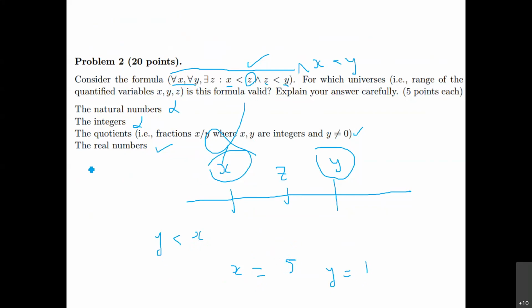For the naturals it won't, integers won't, and for the real numbers definitely not, because you can't find something z that's bigger than 5 and smaller than 1. You can't do that. Is it clear? Does the trick question kind of get you?